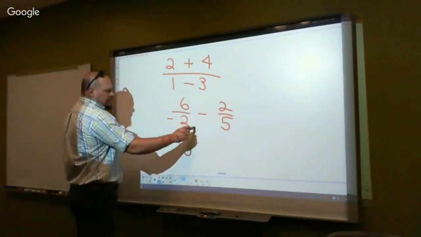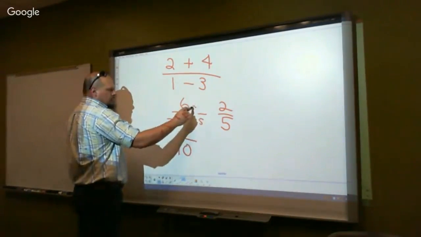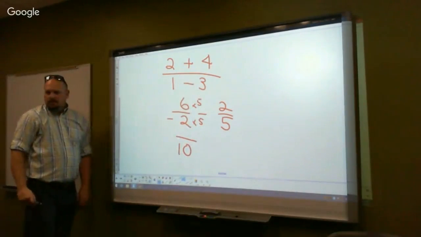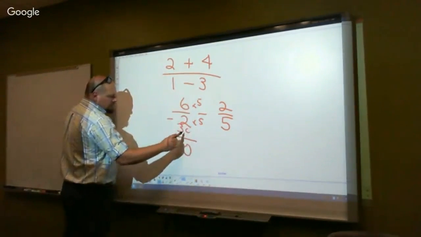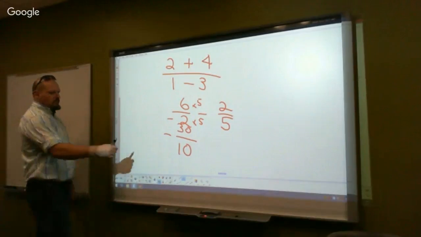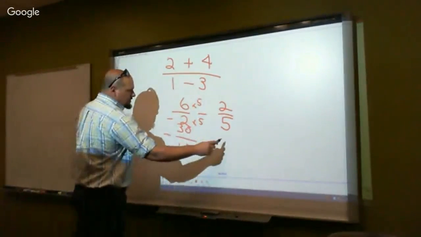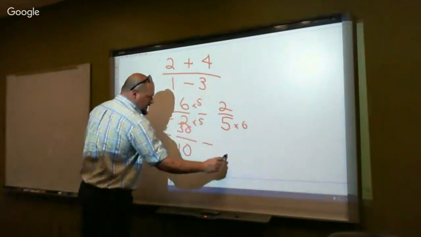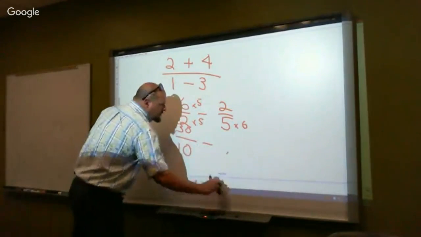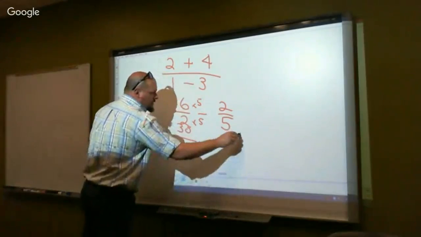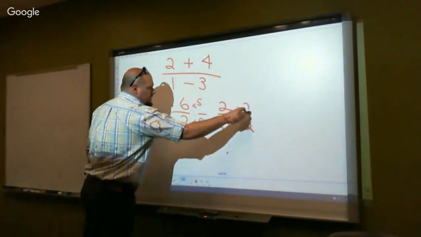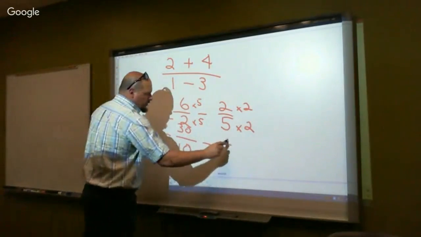We multiply this by 5, and we do the same thing to this one. 30 over 10, but it's still negative because of this negative sign. Minus, we multiply this by 2. Minus 4 over 10.